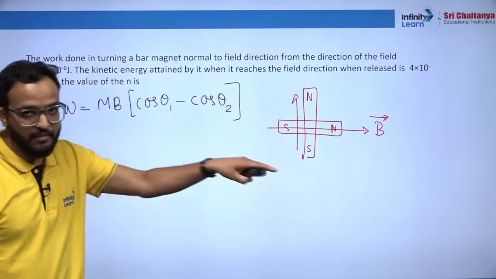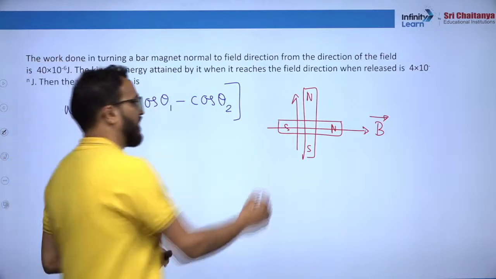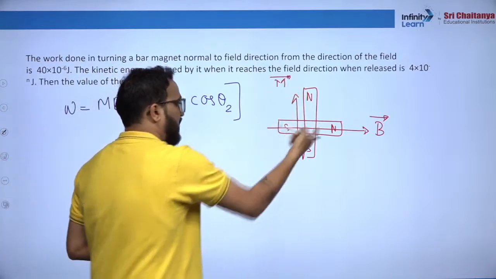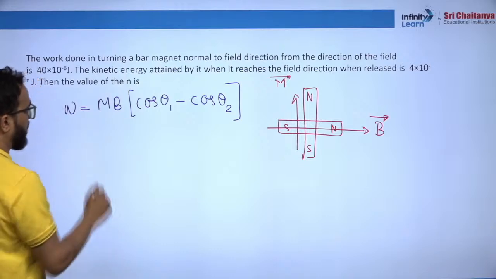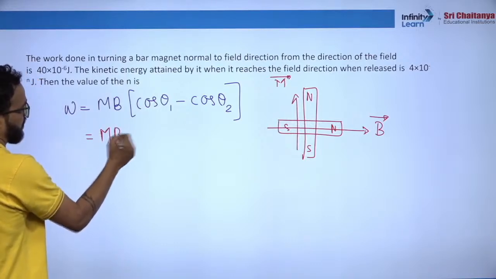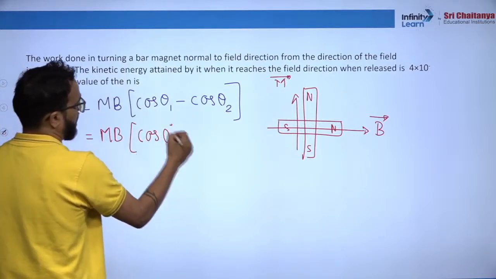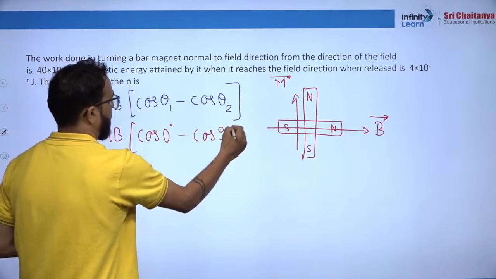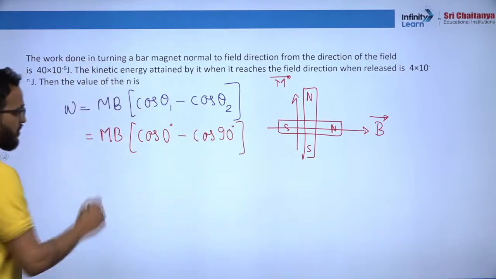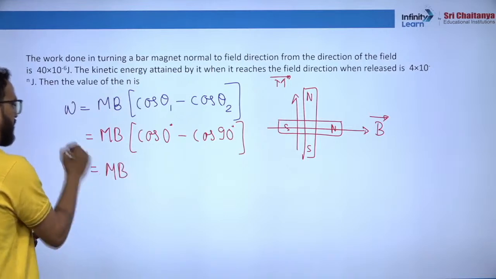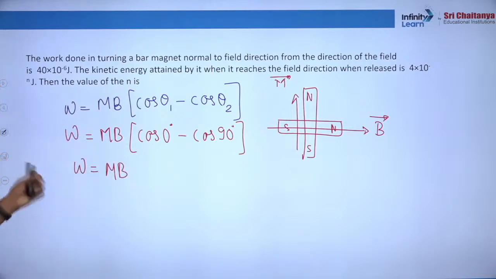So initially the magnetic moment and magnetic field are parallel, now the magnetic moment is perpendicular. So theta 1 we will take as 0 degrees and theta 2 as 90 degrees. So this will be cos of 0 degrees minus cos of 90 degrees. Cos 90 is 0, cos 0 is 1, the answer is MB, right? This is given as something like 40 into 10 to the power minus 6 joules.